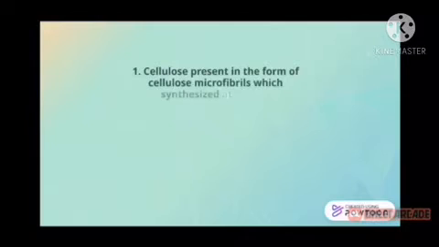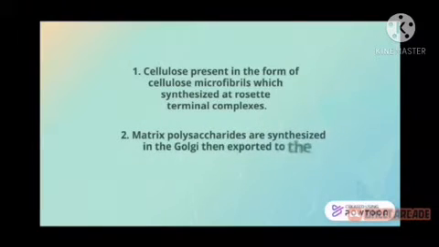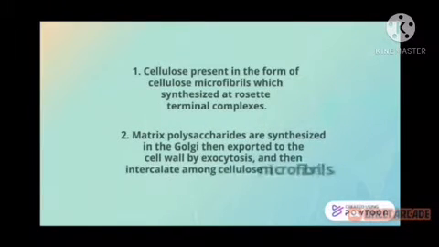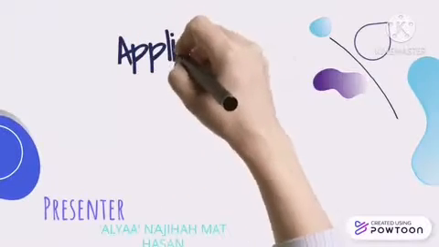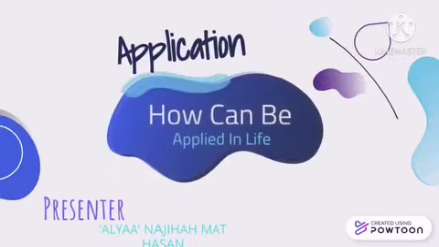Cellulose is present in the form of cellulose microfibrils, which are synthesized at rosette terminal complexes. Matrix polysaccharides are synthesized in the Golgi, then exported to the cell wall by exocytosis, and then intercalate among cellulose microfibrils.